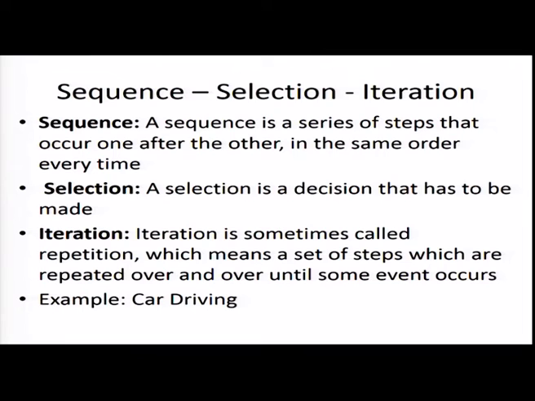When you are in the fifth gear or the top gear, your car will reach the maximum speed limit. This is a sequence, a series of steps that occur one after the other in the same order every time. When you are going to stop, you will stop from fifth gear to neutral gear. You will not start driving the vehicle from the fifth gear onwards.